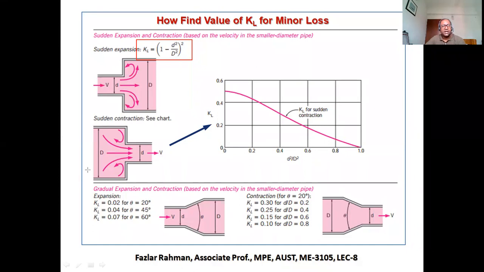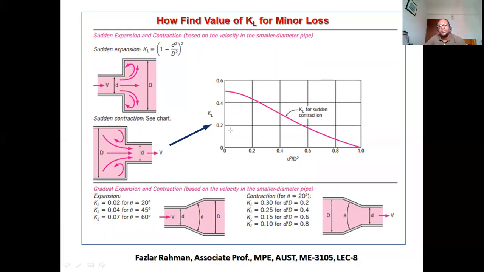But if you have sudden contraction, that means the same configuration, but flow is coming from this side. You see, from the expansion tank, this is bigger diameter, this is smaller diameter. Then sudden contraction is happening. In that case, how will you figure out the losses?